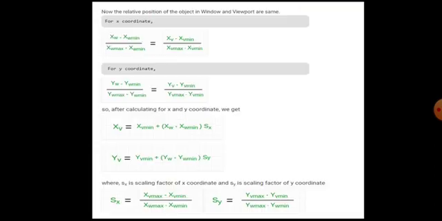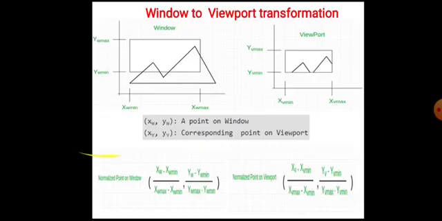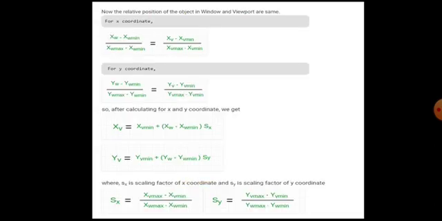Now the relative positions of the object in the window and viewport are the same. So we compare the x coordinates of the window and the x coordinates of the viewport. We write XW minus XW minimum divided by XW max minus XW minimum is equal to XV minus XV minimum divided by XV max minus XV minimum.